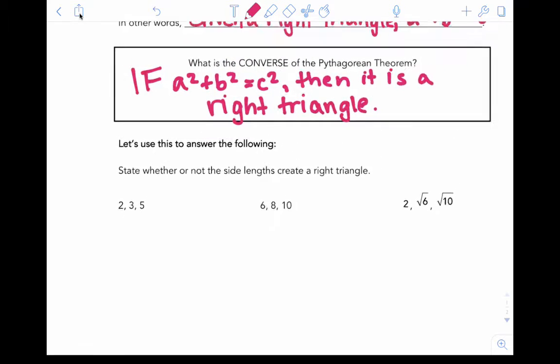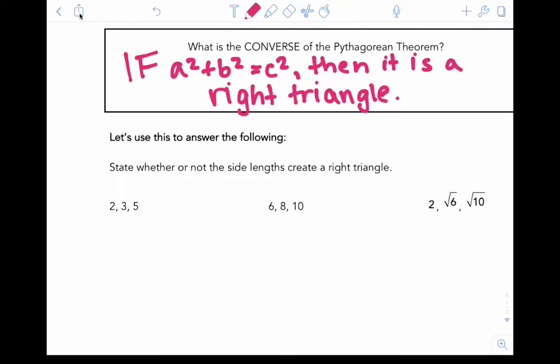So we're going to use the converse of the Pythagorean theorem that says if a squared plus b squared equals c squared, then it's a right triangle. We need to put 2, 3, and 5 into that equation. If it does equal, then it's a right triangle, and if it does not equal, then it's not a right triangle.